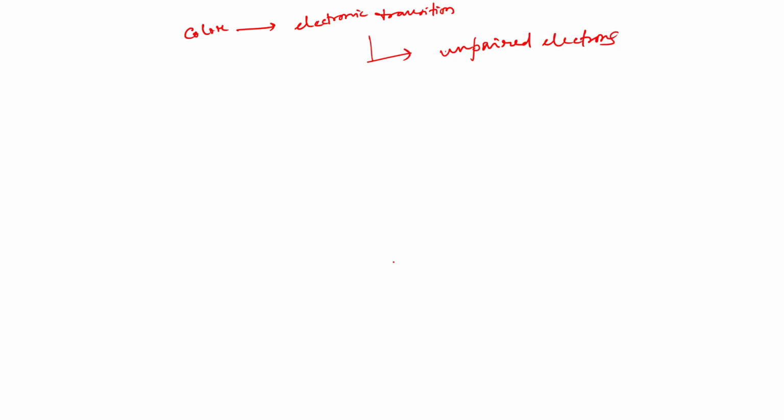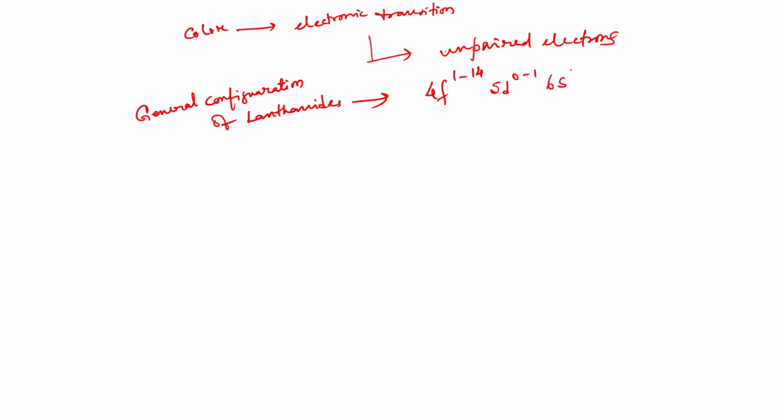The valence electron will go into the f orbital of lanthanides. The general configuration of lanthanide is 4f1 to 14, 5d0 or 1, 6s2.